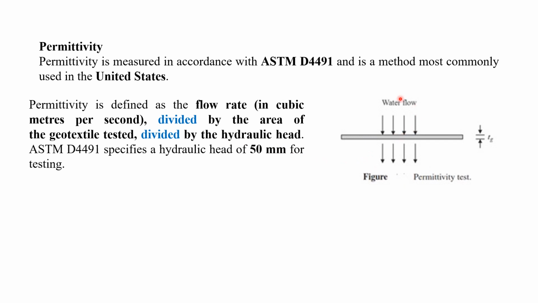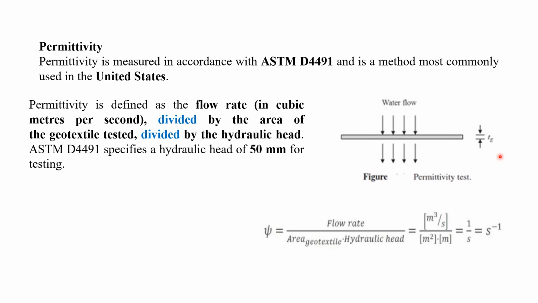In both cases, the water flow is normal to the plane, right? That's why in the previous slide it was written that both test methods are similar, but the codes are different. For example, this one is used by the United States, and the EN ISO code is used by the International Standard Organization.